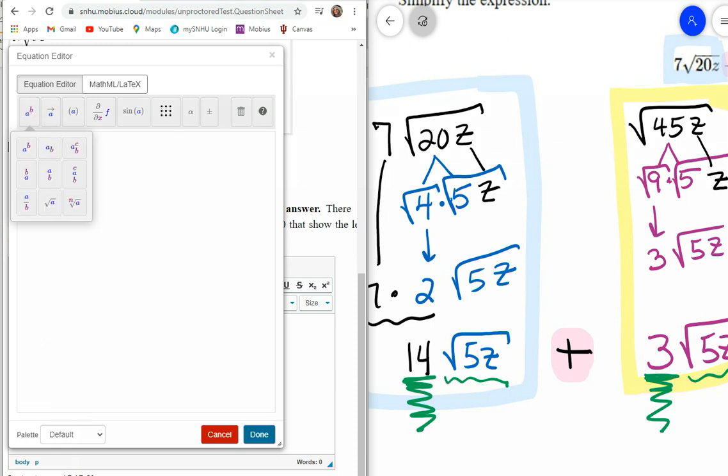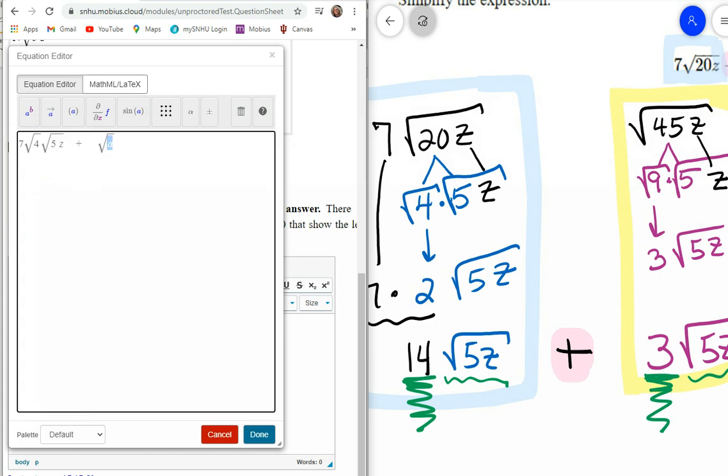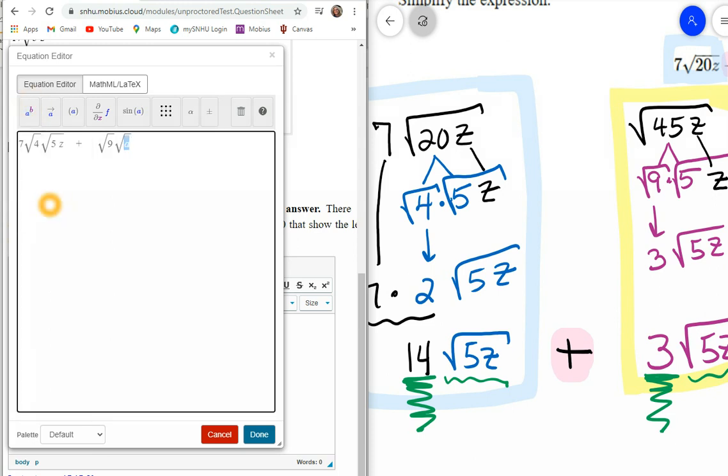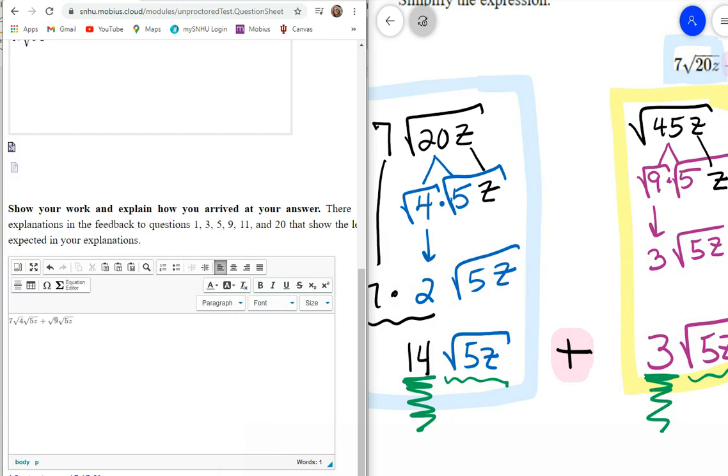I'm trying to show my second line here, all in one. Square root of 9, space over, give another square root of 5z. It won't let me return, so I've got to hit done. Okay, and that typed in the first one, then hit return.